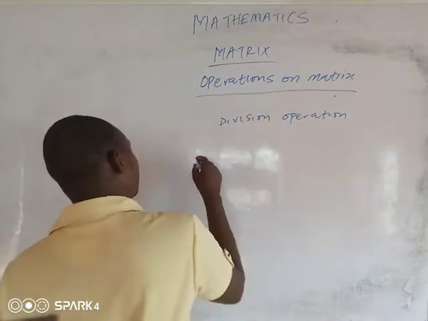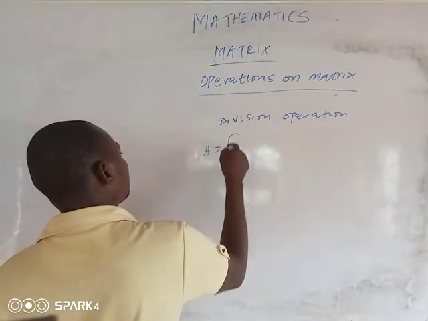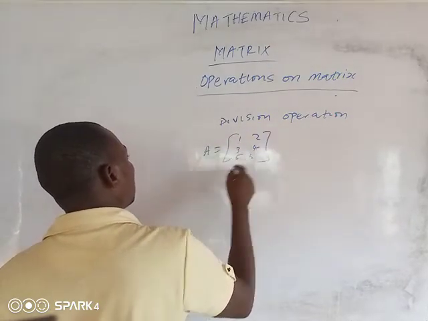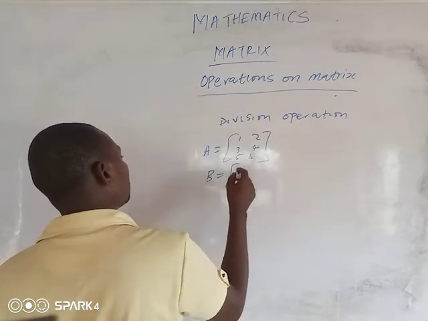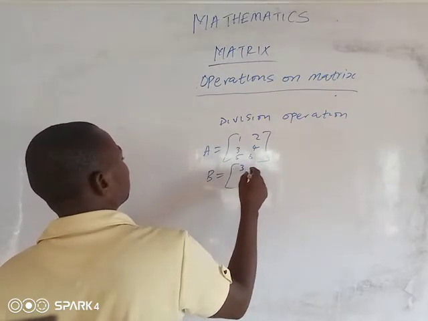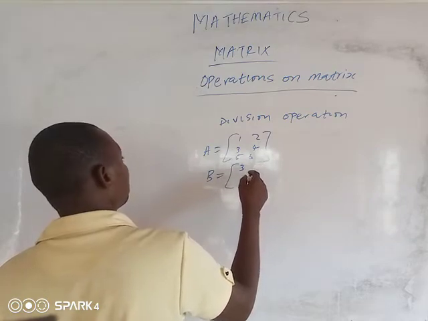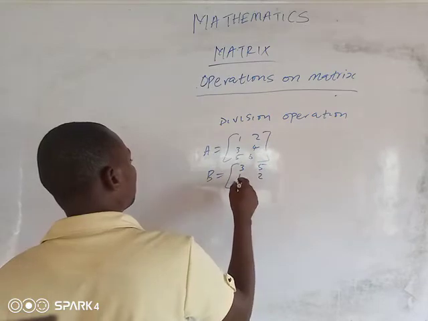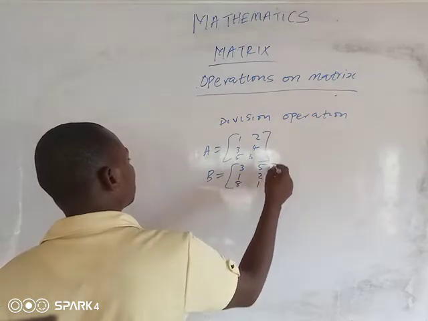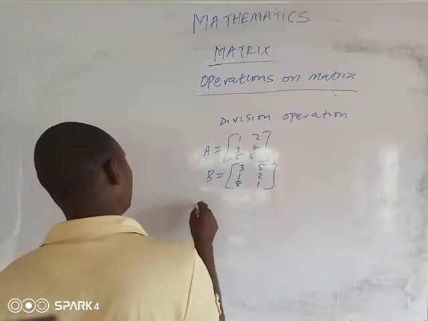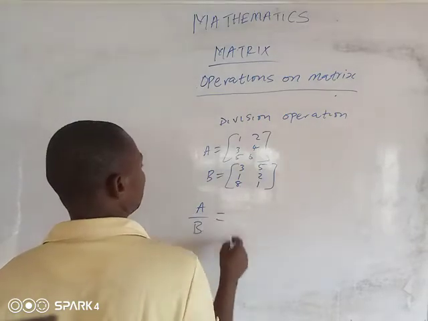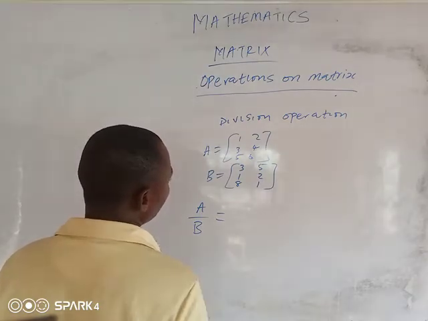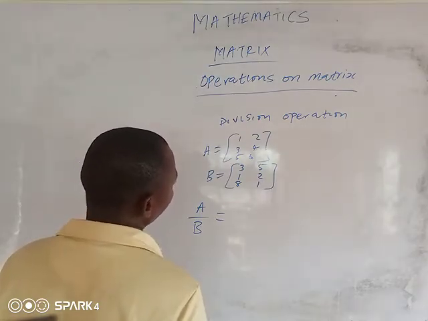That's when we have a matrix A equals 1, 2, 3, 4, 5, 6. I have a B equal to 3, 5, 1, 2, 8, 1. So if you want to divide, you have A divided by B, which is equal to, we are going to divide A11 by A11, A12 by A12.